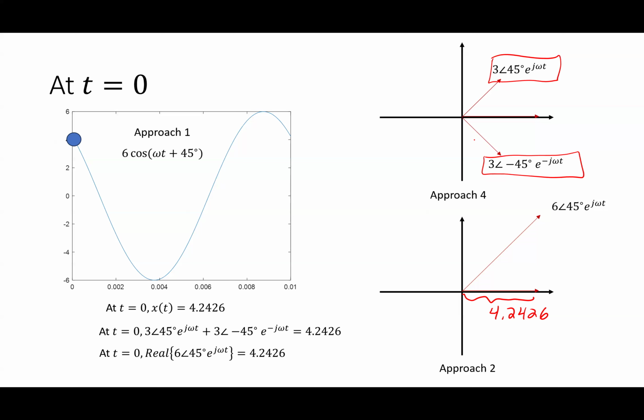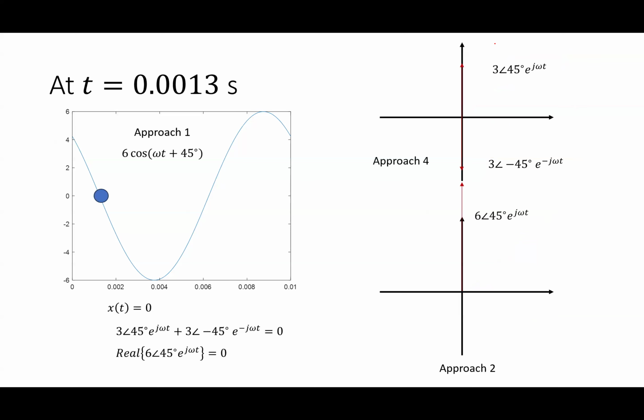If I add two conjugates, what happens to their imaginary part? They cancel out, because this one's imaginary part goes up and his goes down by the same amount. So there's no imaginary part left. The sum is entirely real, which means it's on the real axis. So the length of this part is 4.2426. This is the real, this is the imaginary.